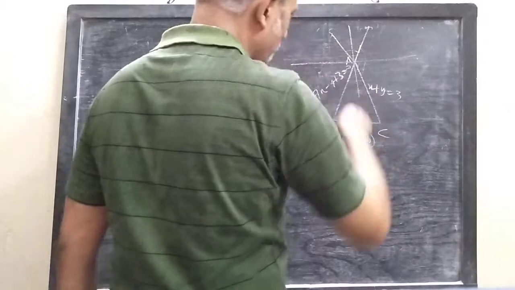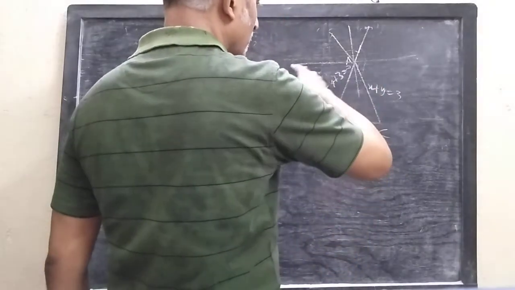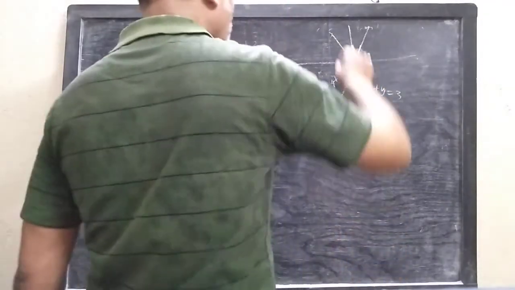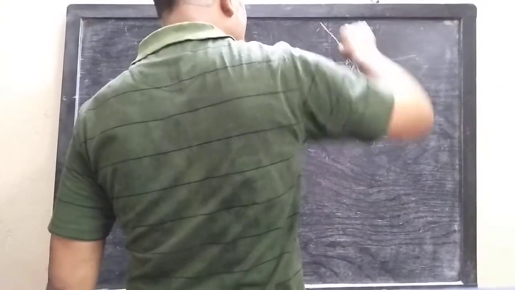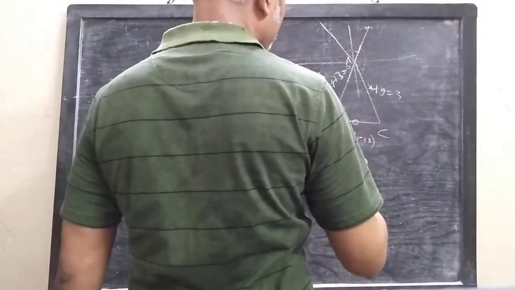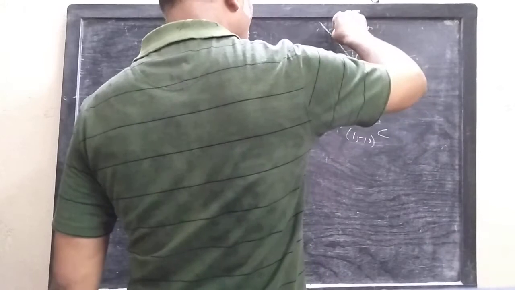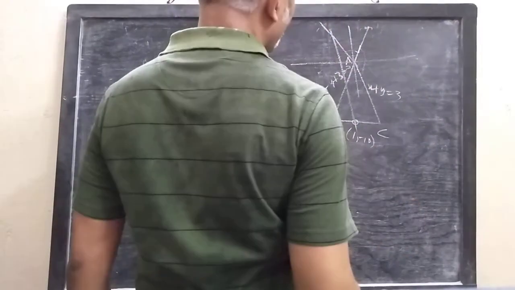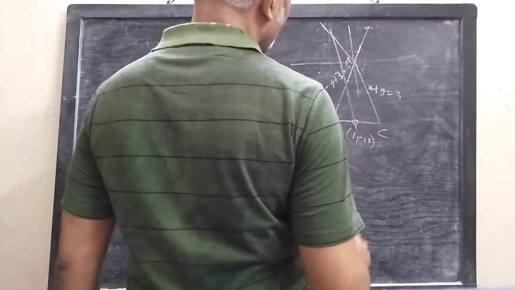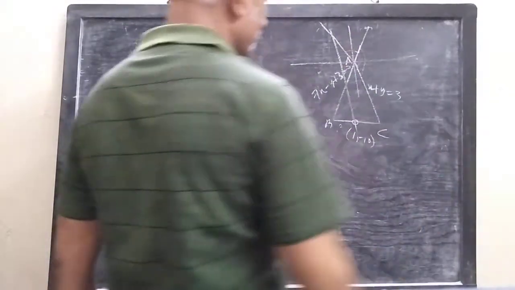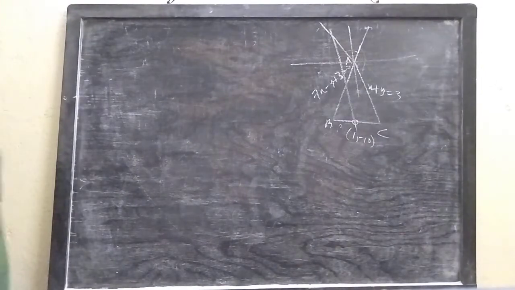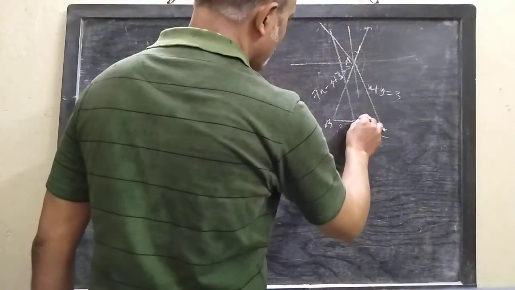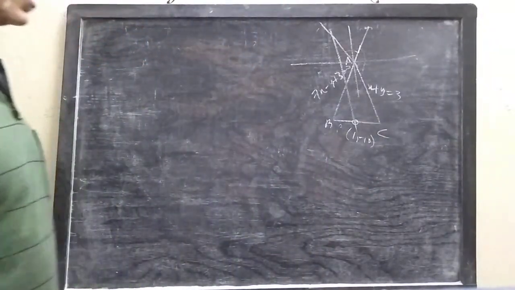So side BC is parallel to this, or in the other way, the other side may exist in this way also. In that case, this side will be parallel to this bisector, and in both of the cases, the third side passes through the point (1, -10).